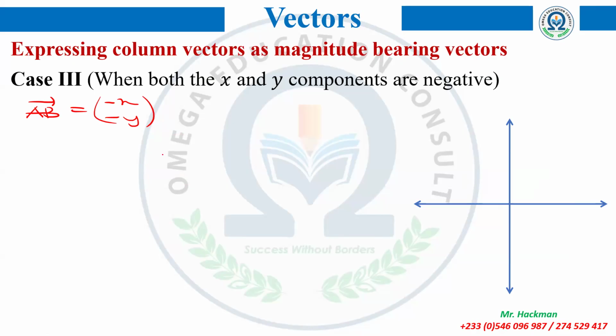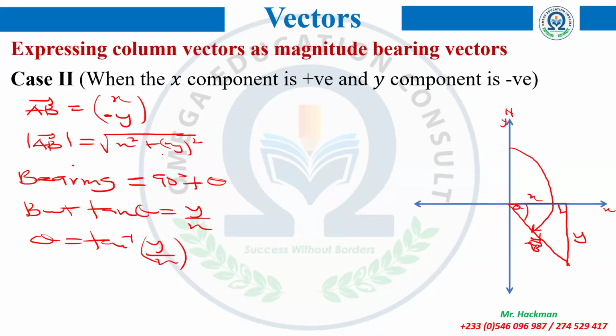Please, the previous slide, the one we just passed, the point B, will it be just below the 90 degrees, the point below?